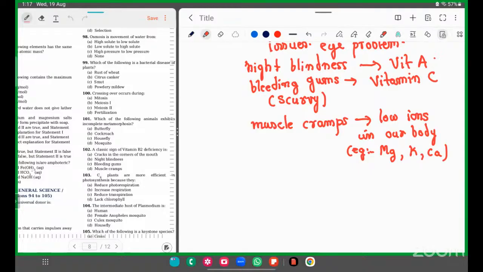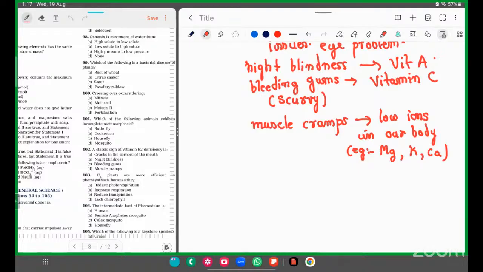So what C4 plants do is reduce photorespiration. First let us understand what respiration is. The respiration caused by sunlight is known as photorespiration. So they reduce photorespiration.